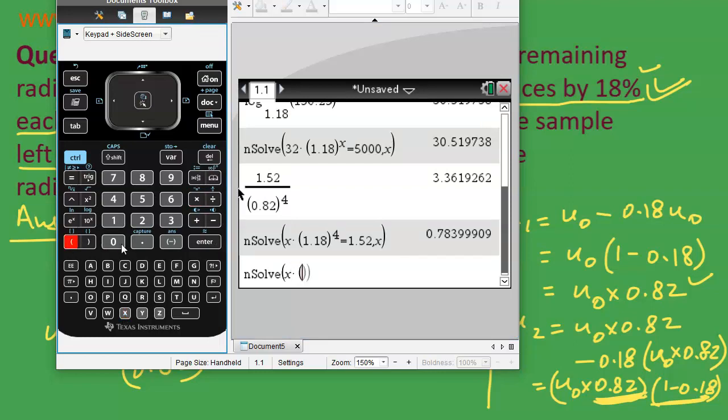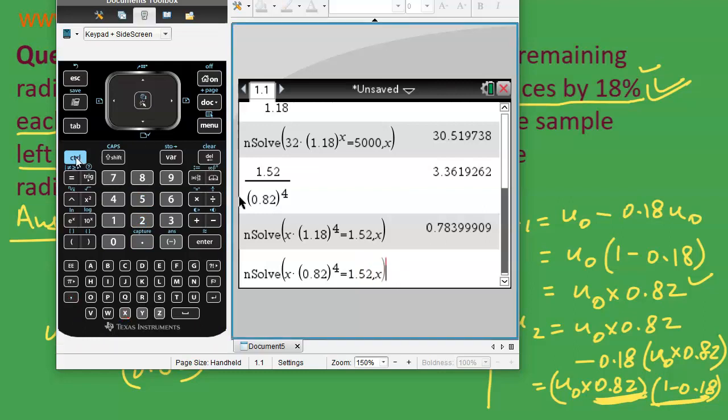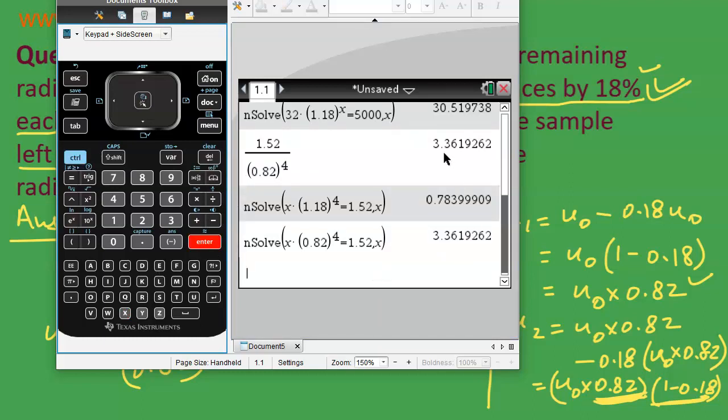So, it will be 0.82 to the power of 4 equal to 1.52, then comma, and I declare the variable X. And I come over here, and what is the value? Now you see I am getting exactly the same figure that I have got before using 1.52 divided by 0.82 to the power of 4.